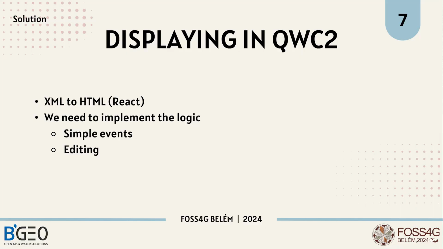You can create custom Qt forms that can be displayed, and in QWC2 they've implemented this feature as well. So when you open an attribute form, it can render all these Qt forms, which of course are written in XML, to the user. So we took this and implemented our own logic on top of it.